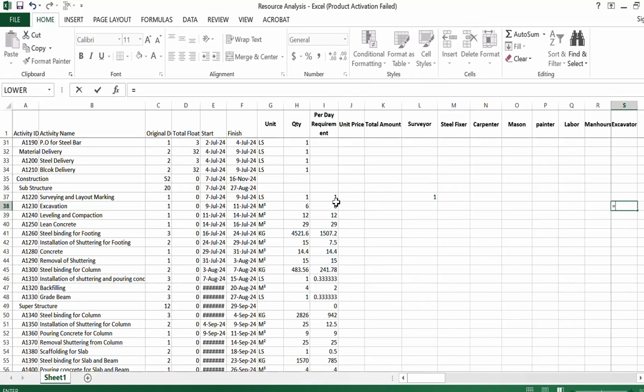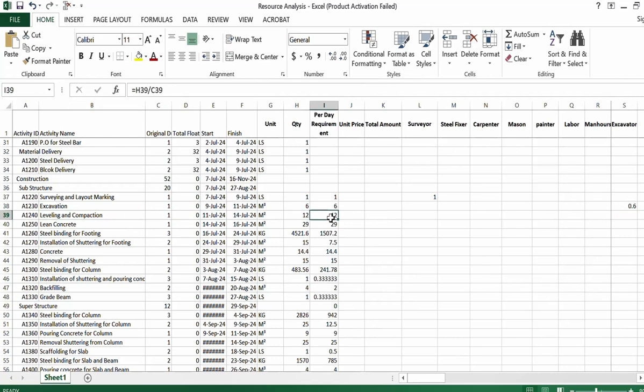Our total quantity required per day is 6, so I will divide 6 by, suppose, 10 meter cube in 1 hour. So it will take around 0.6 hour to complete this activity.